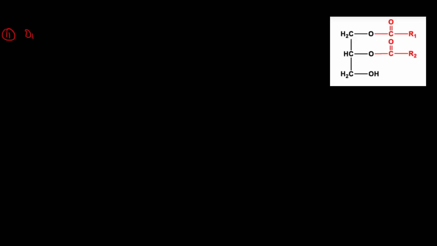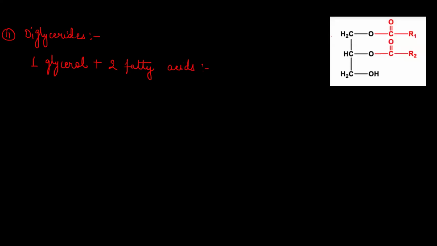Now, the second type is diglyceride. As the name suggests, it has two fatty acids. So a diglyceride comprises one glycerol, so the glycerol number will be the same, plus two fatty acids. And the structure will look like this.